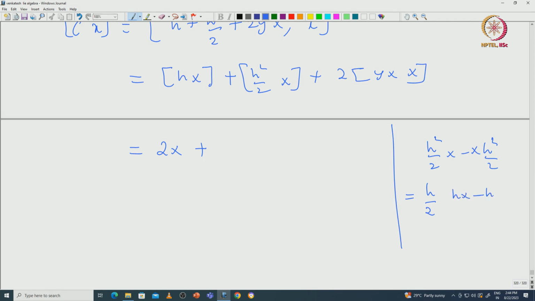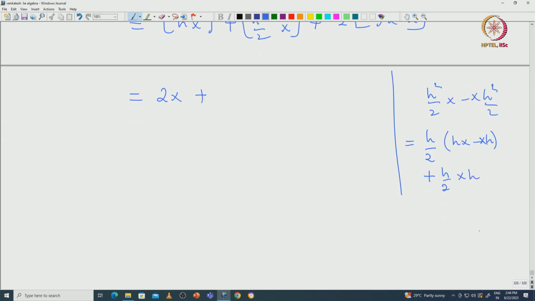So, you add and subtract x y. Then here also you can add and subtract. So, you keep h x minus h x h by 2.